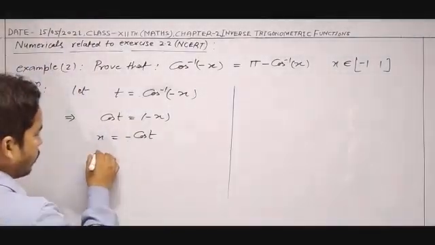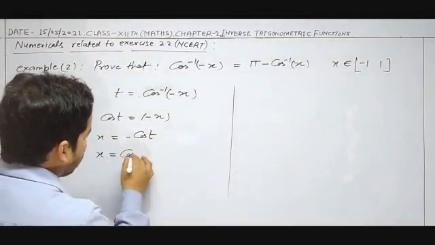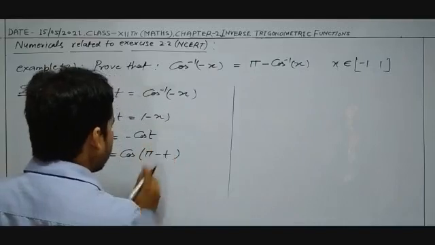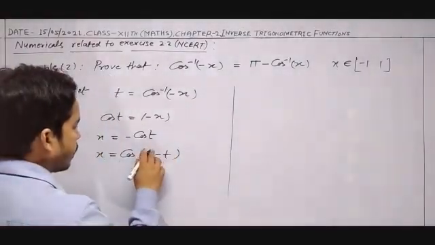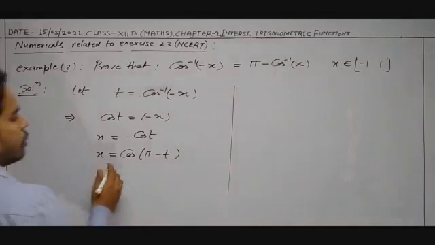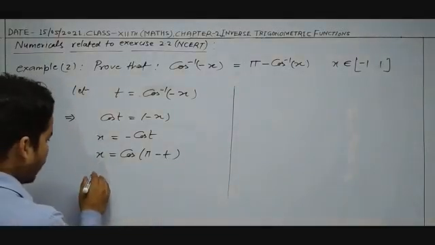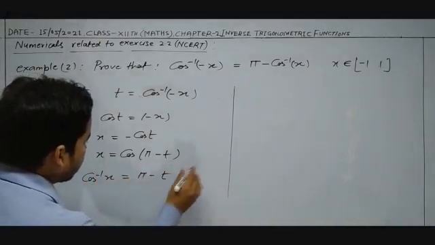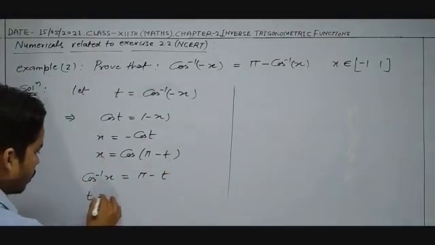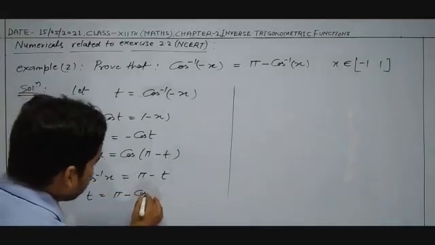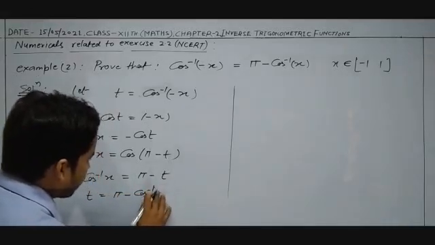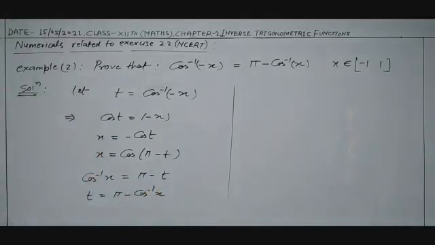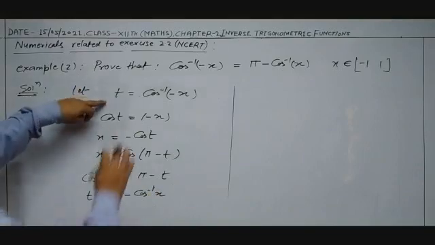So you can write here x is equal to cos of pi minus t. So this can be written as cos inverse x is equal to pi minus t. This implies t is equal to pi minus cos inverse x. And t is cos inverse minus x.